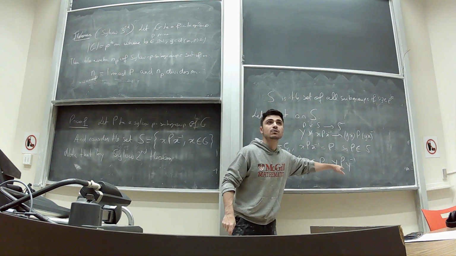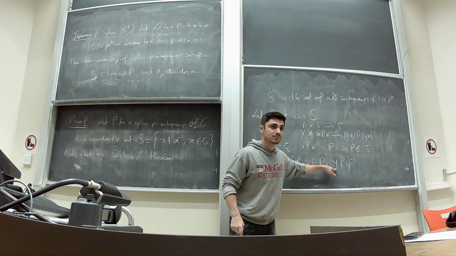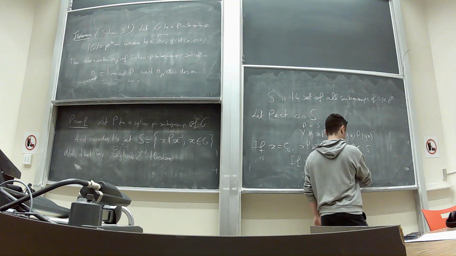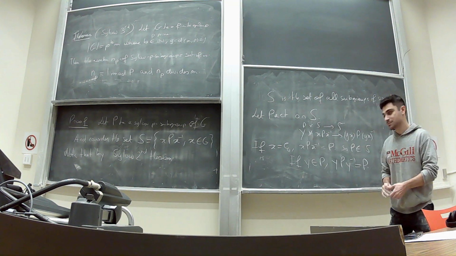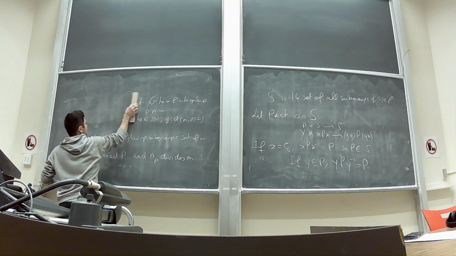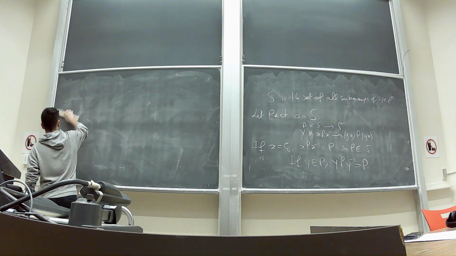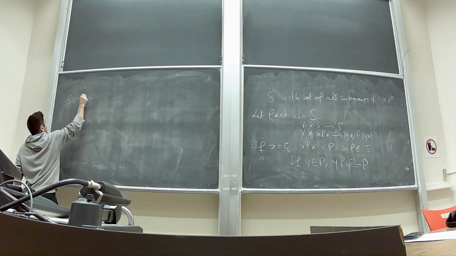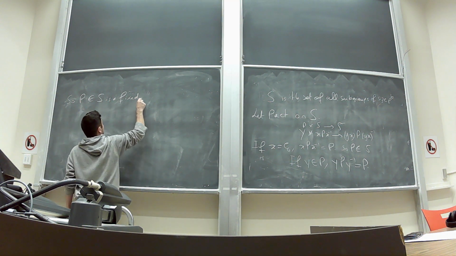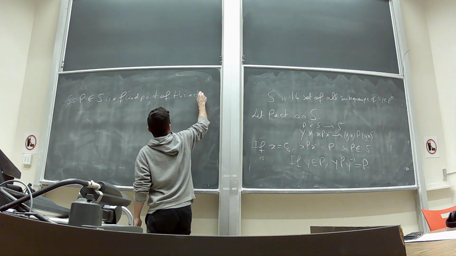If y belongs to P, yPy inverse is equal to P. Multiply P with any element of P, you get P, and then multiply by any element of P on the right, you get P. So P in S is a fixed point of this action.